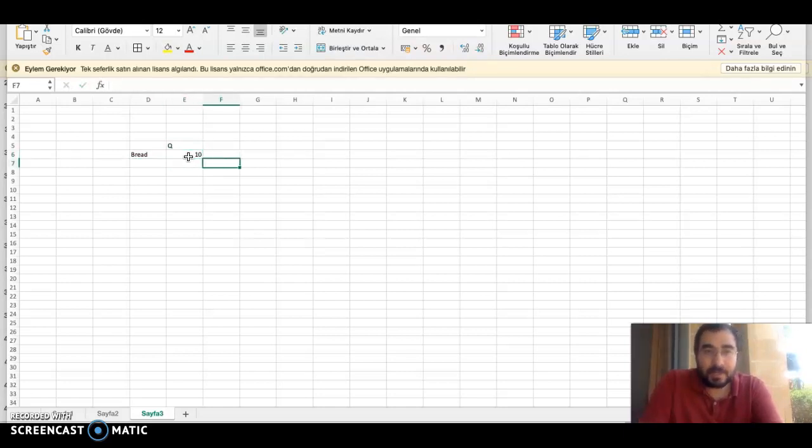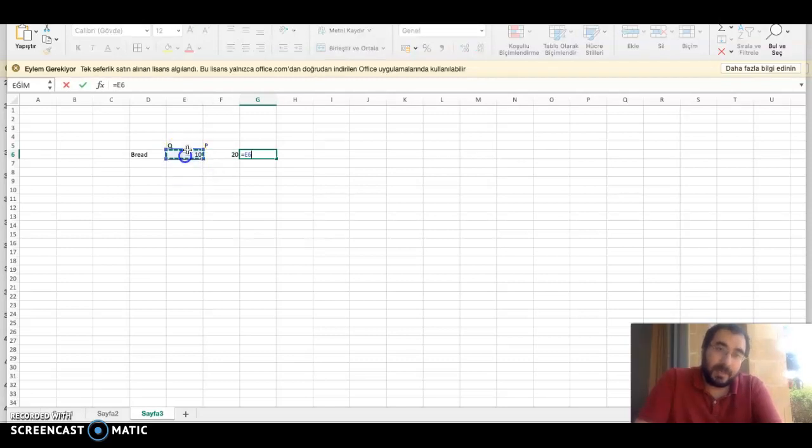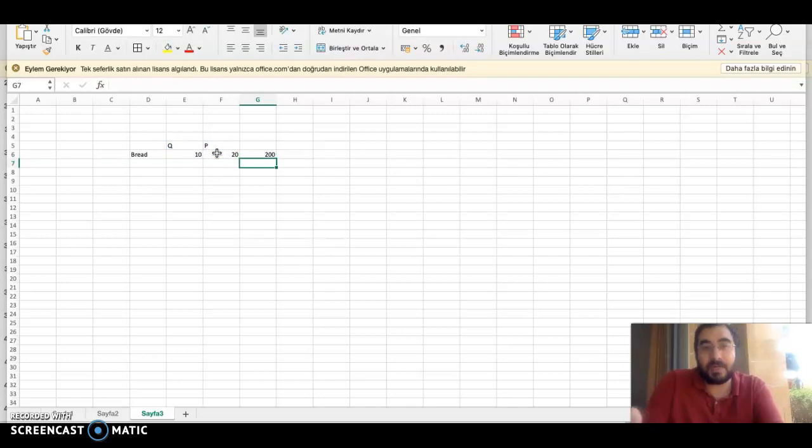Let's say the price of the bread this year is 20. So these breads will add up as 200 units of money to your GDP, let's say in 2012.